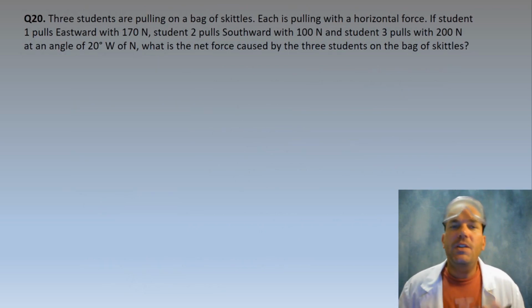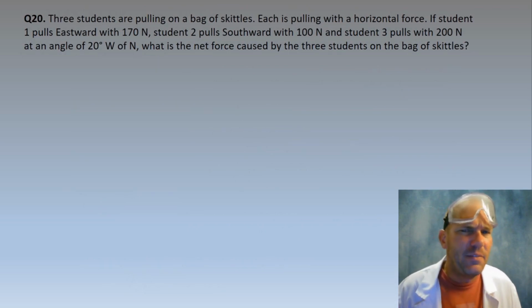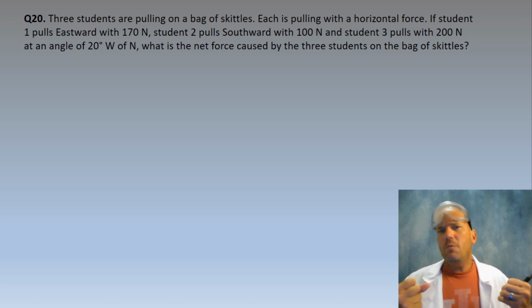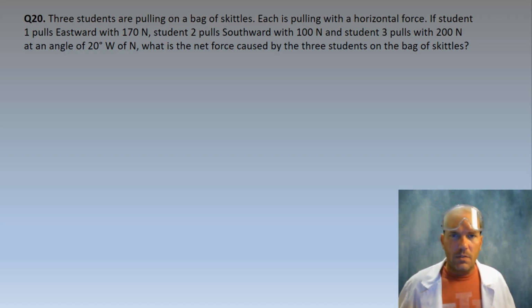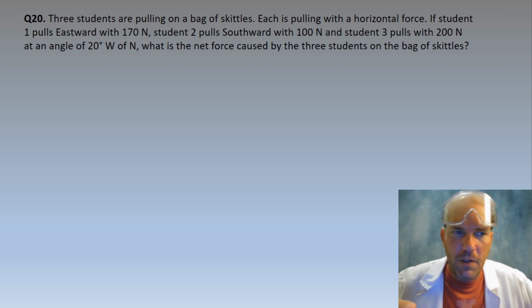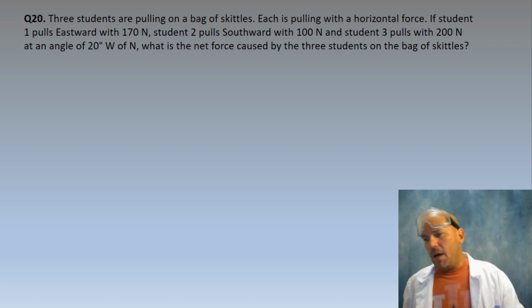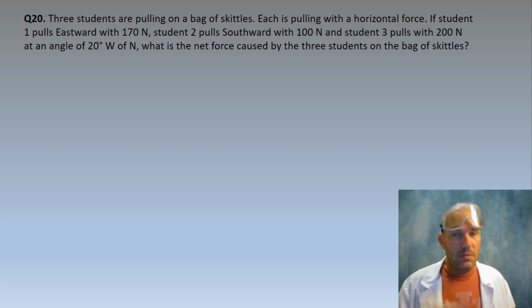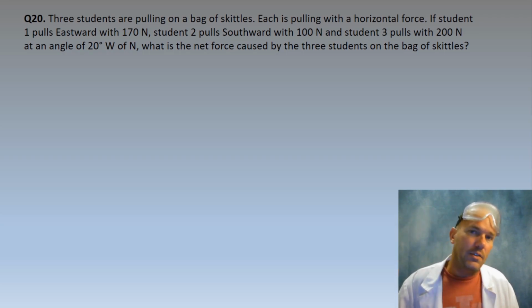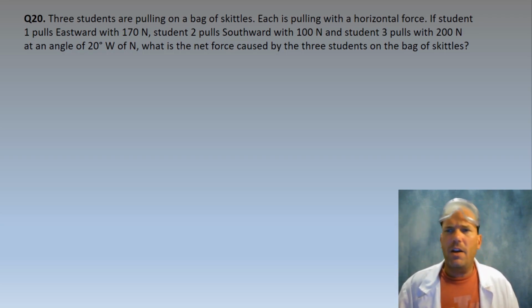Question 20. 3 students are pulling on a bag of Skittles. Each is pulling with a horizontal force, okay? And we went over that a few questions ago about a northward horizontal versus southward horizontal. It's still in the x direction.